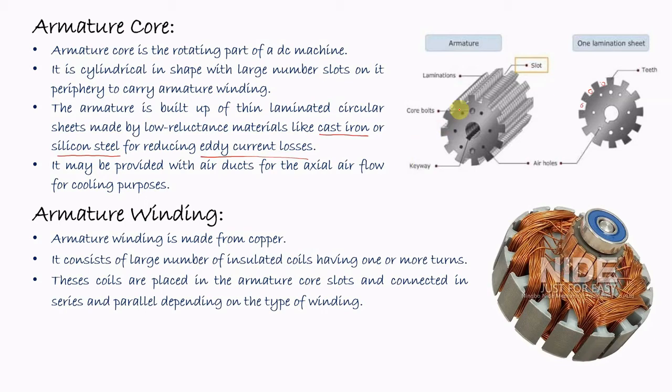We have already seen the structure of the armature core, and the slots. Then the armature windings are placed in these slots. The connection may be either in series or in parallel, which we'll discuss later after this slide, depending upon the requirement.